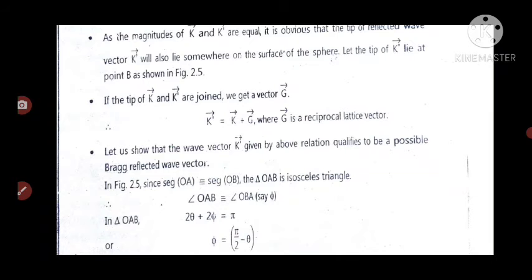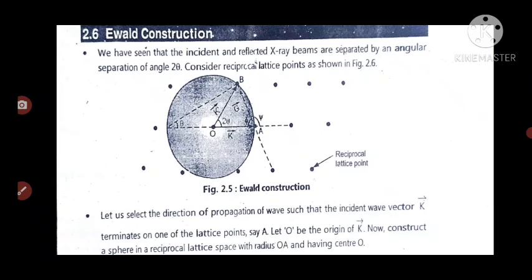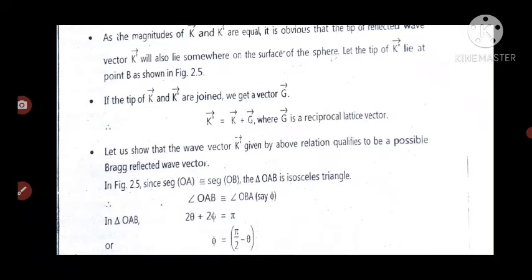The magnitudes of the wave numbers k and k prime are equal, so in the last lecture we saw the condition mod of k bar is equal to mod of k bar prime. The vector k bar prime also lies somewhere on the surface of the sphere, at point B, so OB is the vector k bar prime.